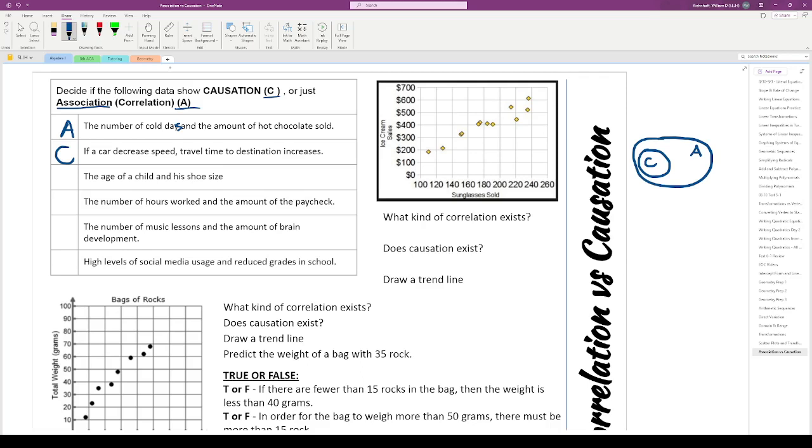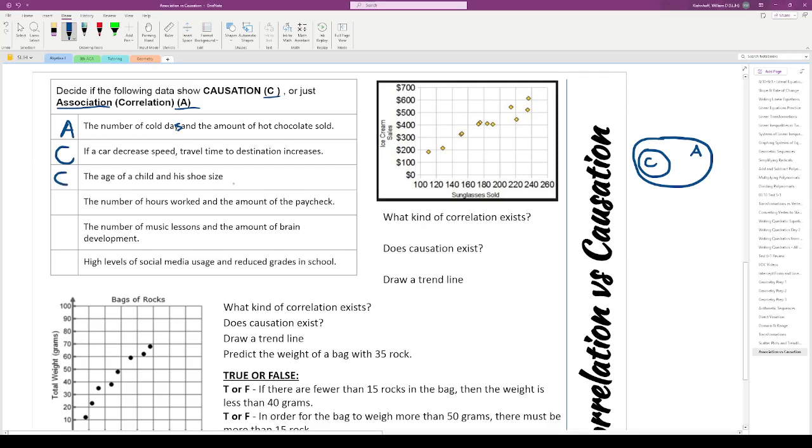Getting older causes your feet to get bigger, but not necessarily, but we're saying there's an association here. So, as a child gets older, their shoe size gets bigger, and age is a direct cause of growth. As you get older, your shoes get bigger. So, I think we have to call this one causation.